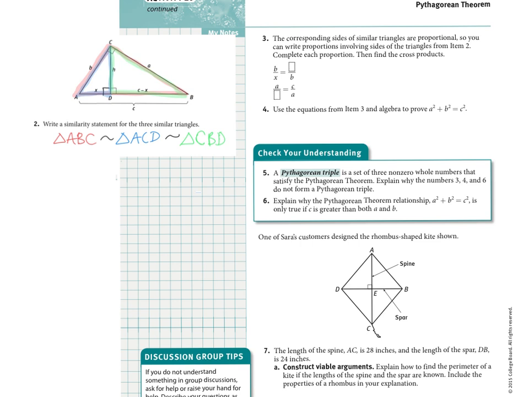So we essentially have the hypotenuse right there, and we have the shorter leg right there. And again, remember, we're doing this with our blue triangle.